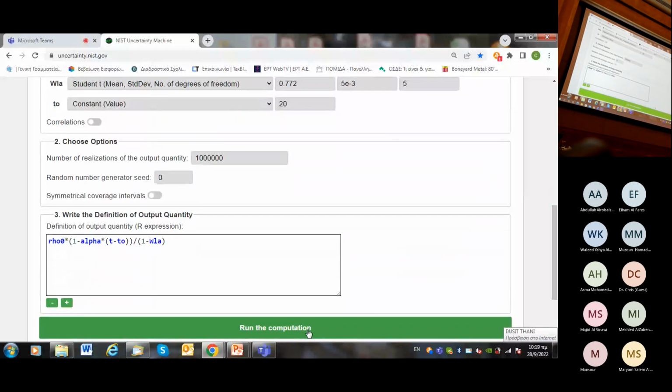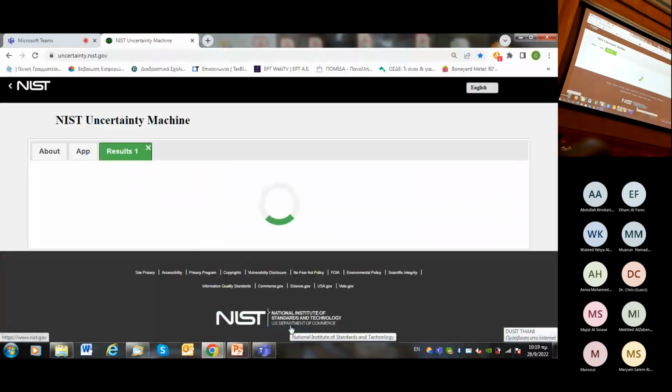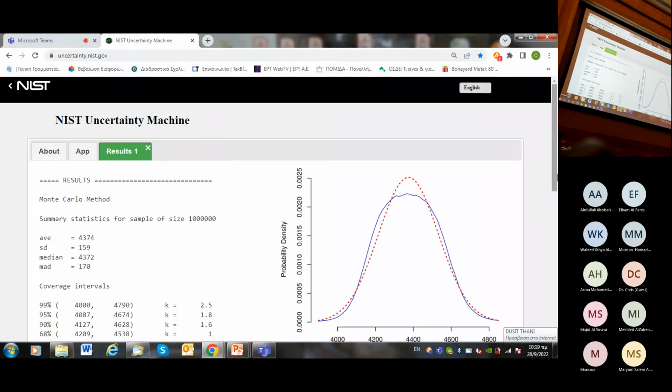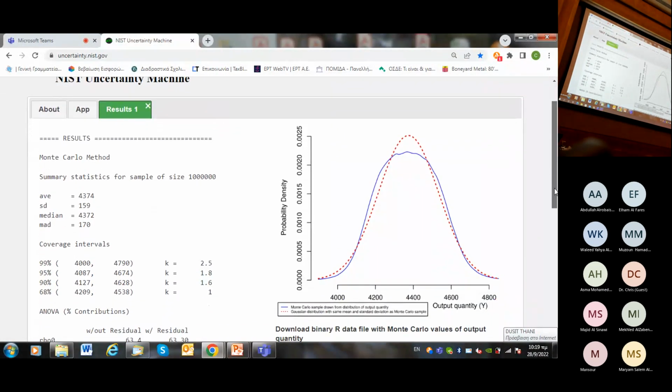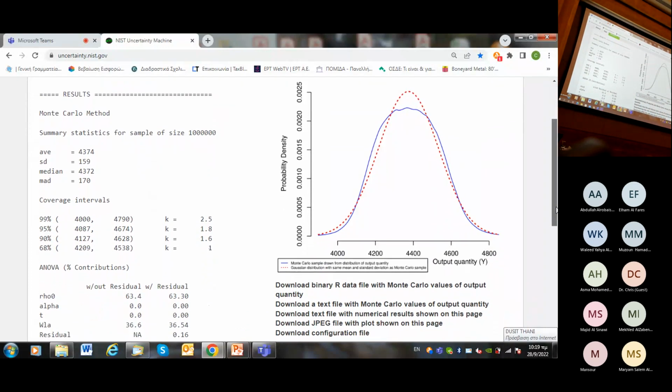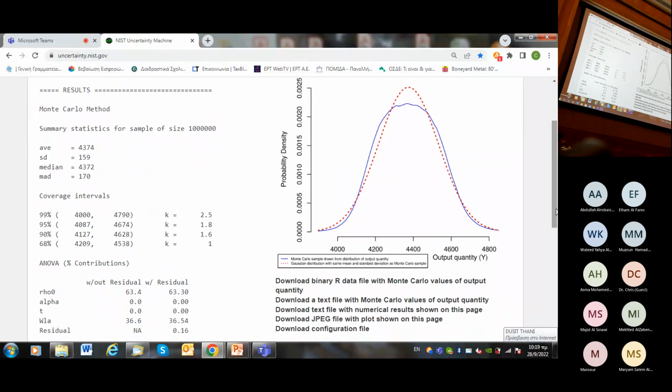So let me try running this and see what happens. Right, so this is what we get.